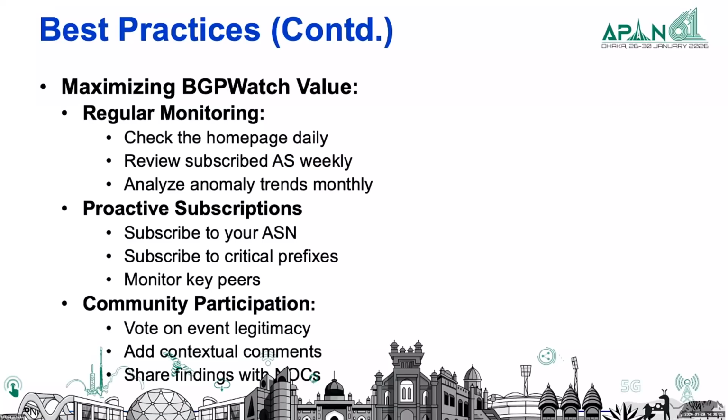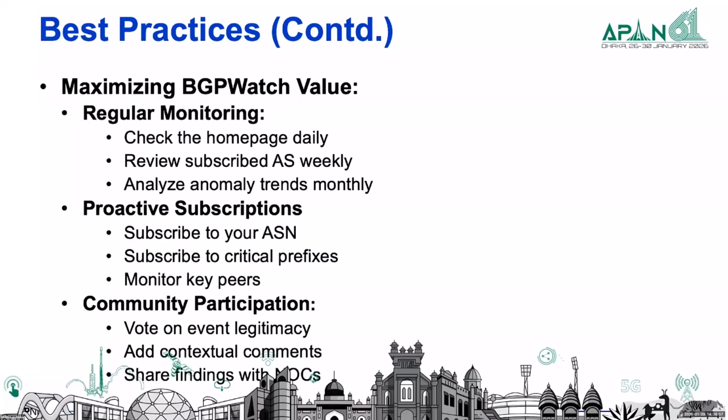So I'm suggesting as best practice: check this homepage daily and review your subscribe list. Review your own ASN, your peer ASN, or your upstream ASN information, and analyze the anomaly trends monthly. Internet routing is very interesting and very critical.